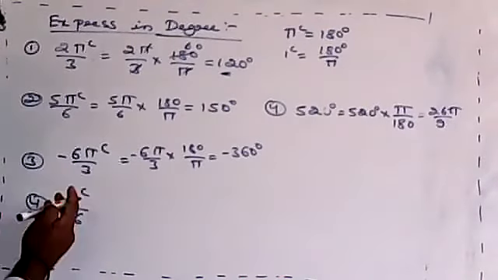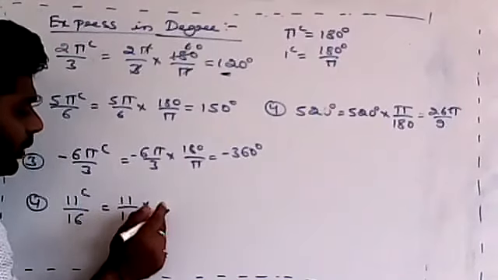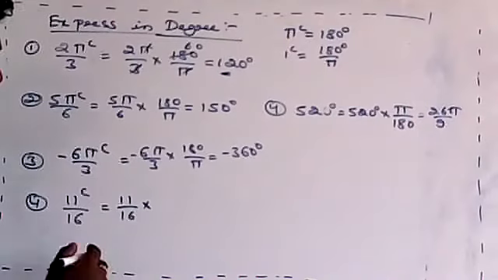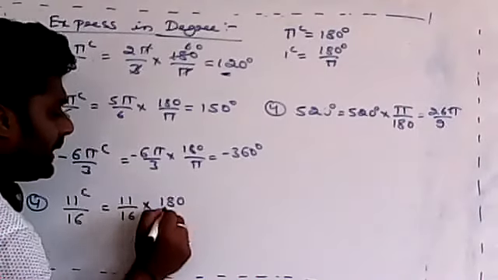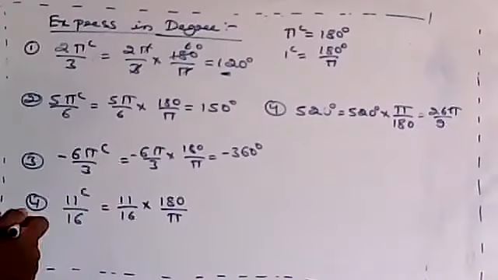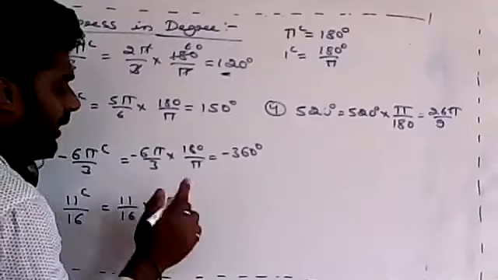Same problem. See, 11 by 16 into what am I multiplying to get in the form of a degree? 180 by pi, no? So I'm writing it as it is, 180 by pi. Correct? But one small change is there. What is pi? 22 by 7, no? That value you have to put here.